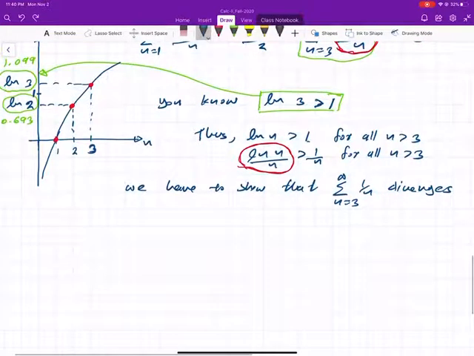Alright, how do you show this diverges? Now again we are going back to the P series.